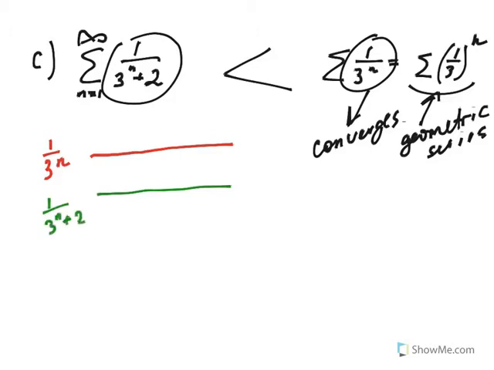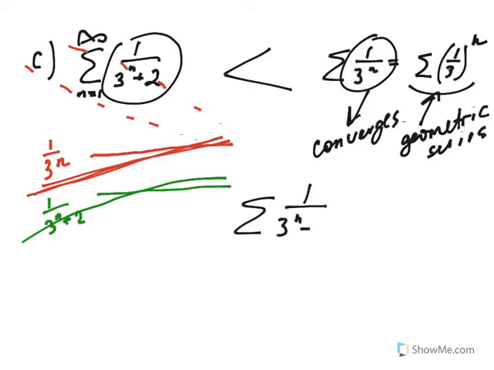The red one converges, so it's not going towards infinity. We're moving towards a certain value, some value c. Since the green one is below, the red one pushes the green one along, so it also converges. So the series 1 over 3 to the n plus 2 converges as well.